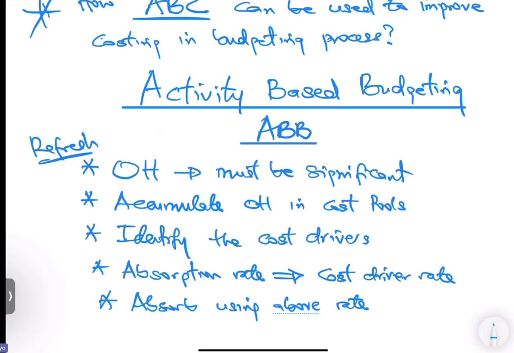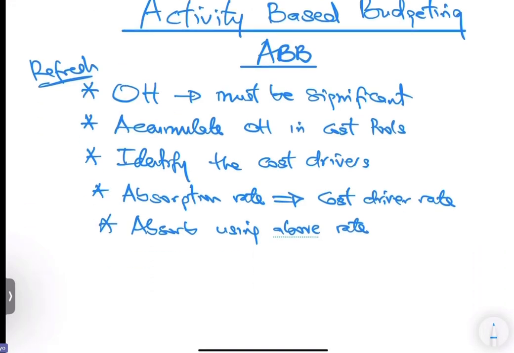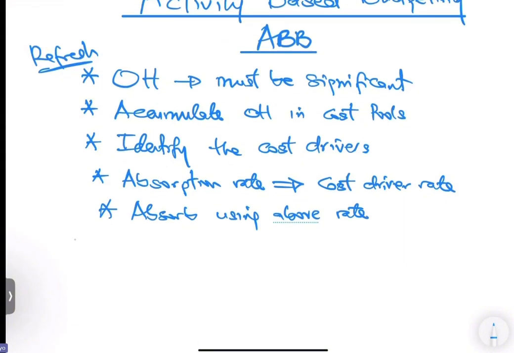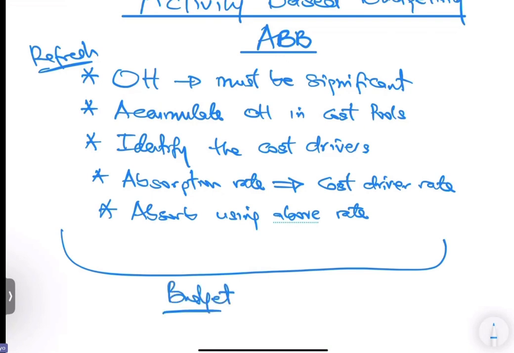And that is the same approach that activity-based budgeting wants to use. And once that is done, what you get is a budget process that is using a more accurate costing.